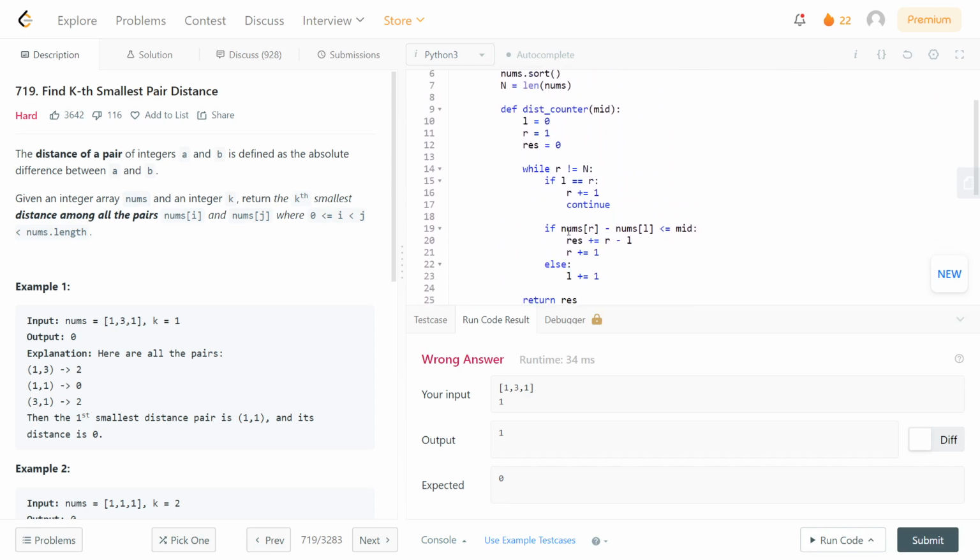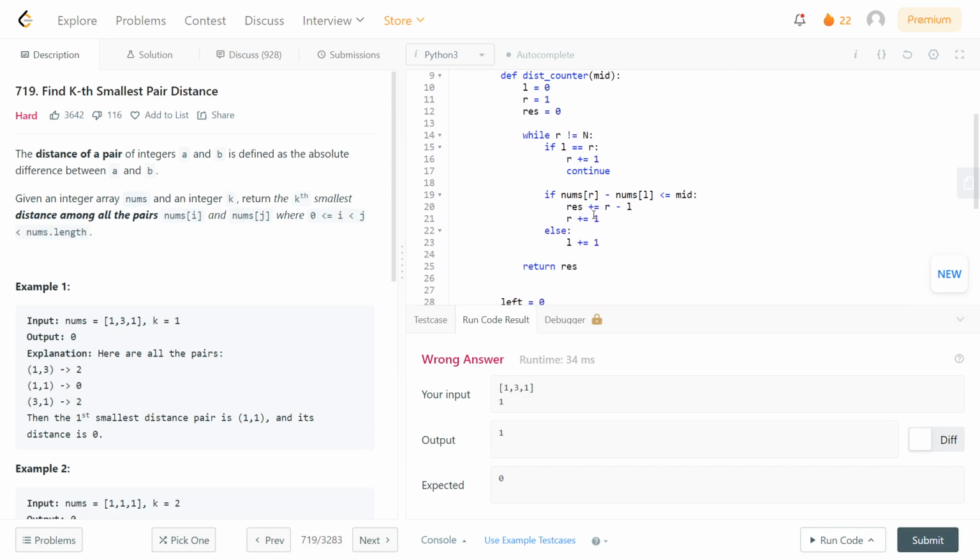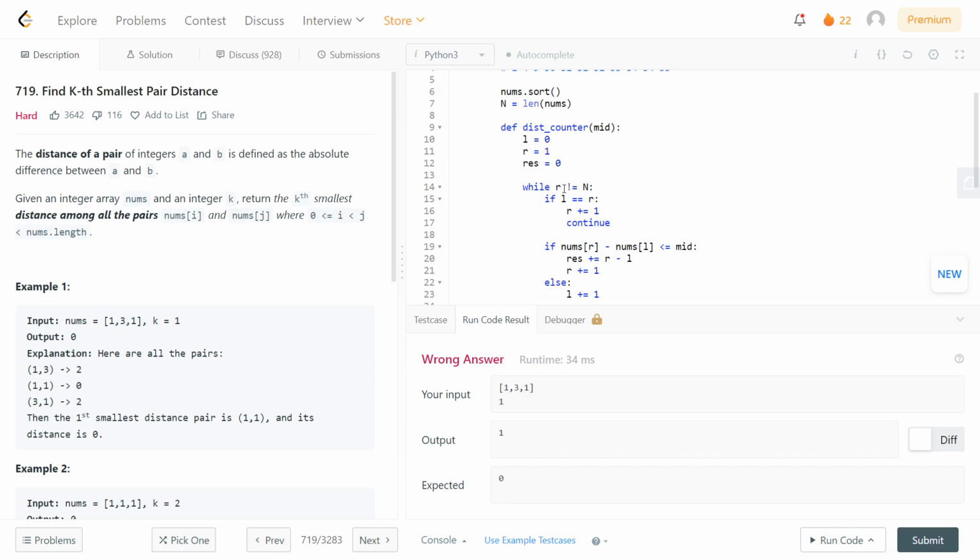So for the 1, we have left, right, this was 1, and 1, 1, 1, 3. So we have 1, 1, that's distance 0. So this was 1. Right minus left was 1 here. So res was 1.